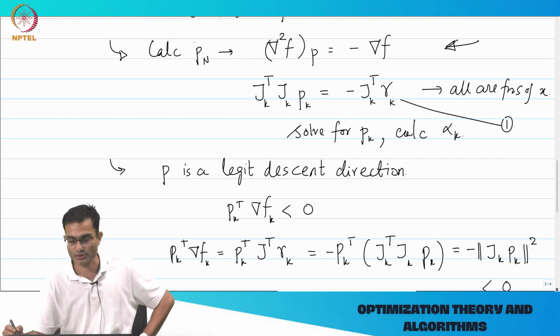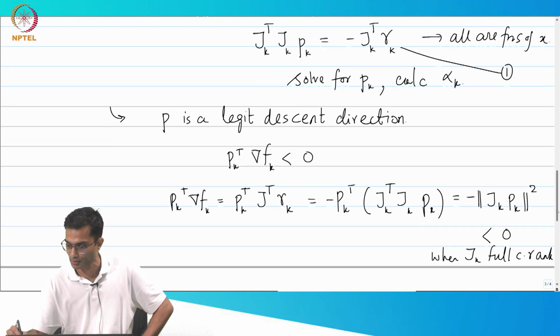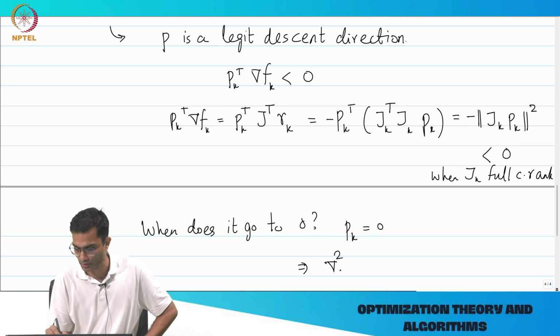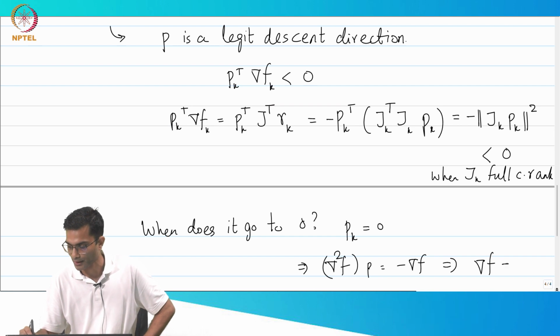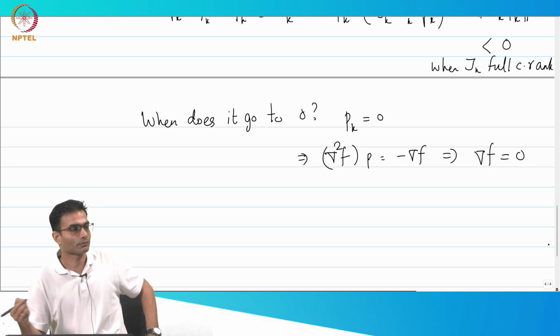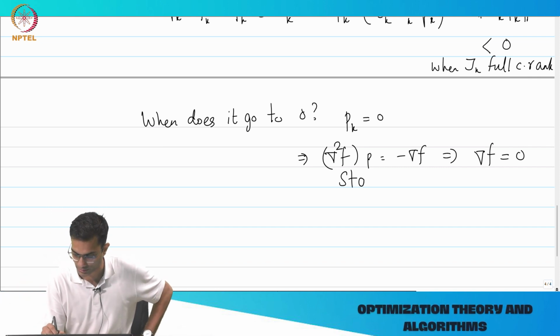If I substitute p equal to 0 into this top expression, the Newton condition, this is equal to minus grad f. So this will imply that grad f is equal to 0, and grad f equal to 0 is the condition of stationarity. So this is the stationary condition.